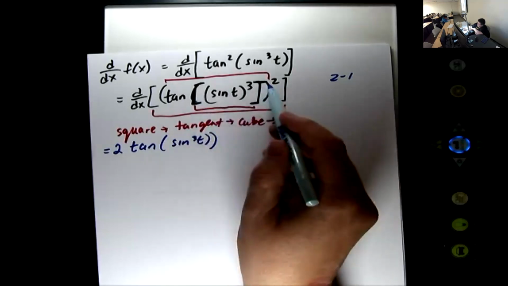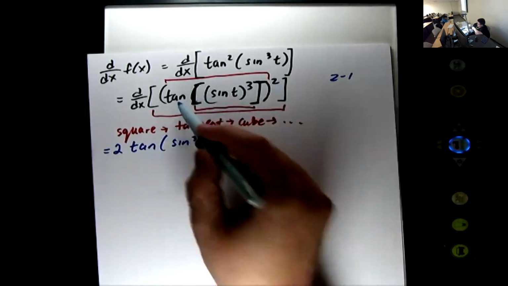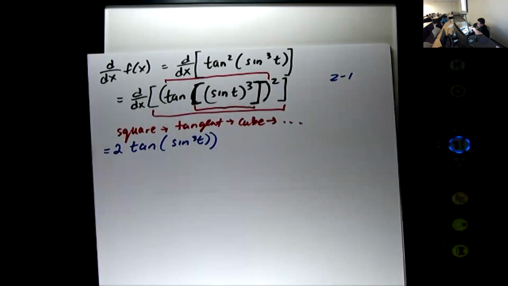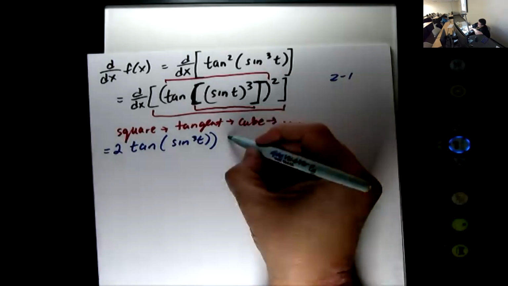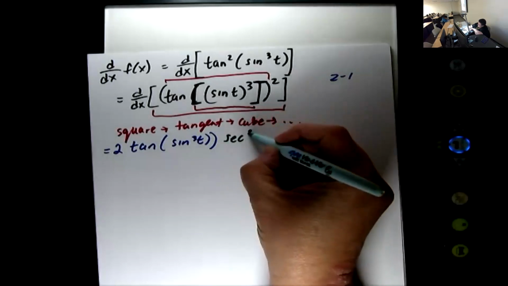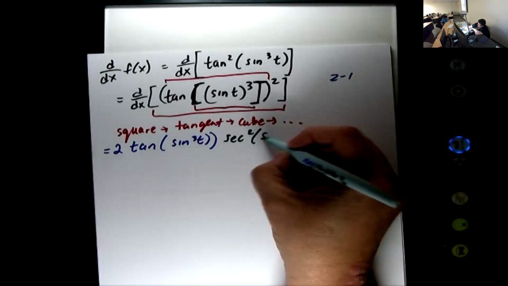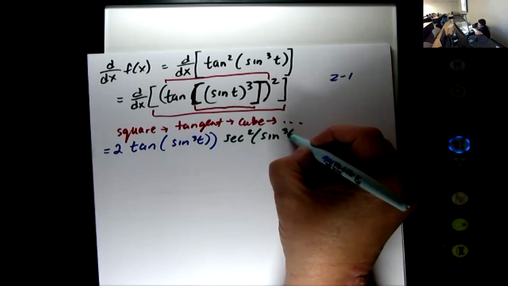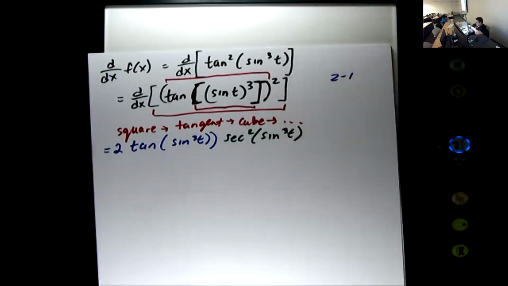Now I gotta go inside that, and now I'm gonna hit the tangent. And the derivative of tangent is secant squared. So we're gonna have secant squared times what's inside, sine cube t. And then I gotta go inside the tangent. And inside the tangent is the cube.